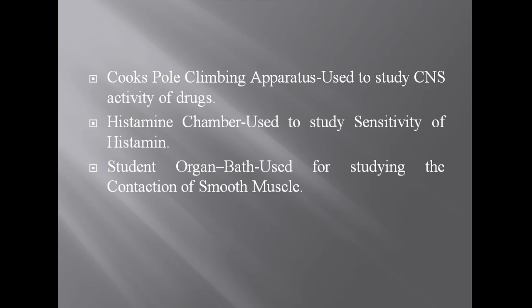Then the production of histamine and prostaglandin may cause asthma. So this chamber is a scientific instrument used to evaluate the anti-asthmatic activity of certain drugs or chemicals in the laboratory.